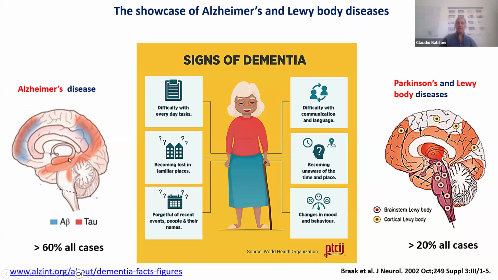One particular aspect of the picture is that you can find this abnormal tau accumulation not only in the cerebral cortex, and you see the regions of mesial temporal cortex, the hippocampus and amygdala, which are very important in episodic memory, but also in the brainstem.